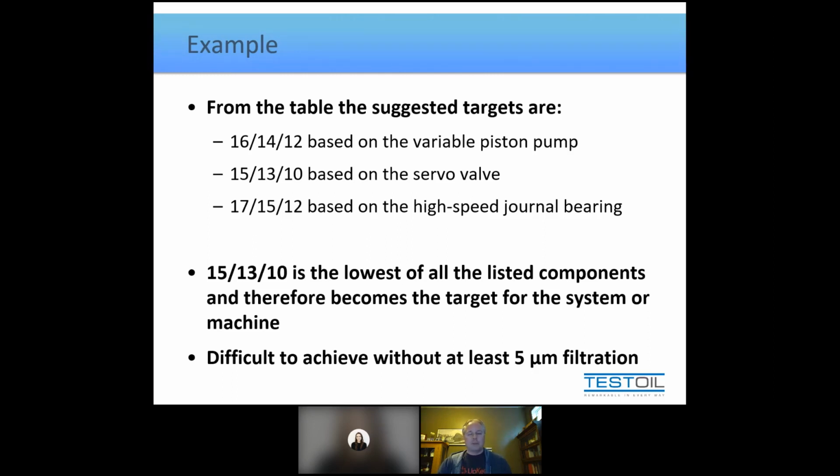It's one thing to come up with a target. It's another one to come up with a realistic target. And I shouldn't set targets I will never achieve or will have great difficulty achieving without knowing what I'm up against. So I like that additional filter information just from that perspective, that in our hypothetical system, we know that we're going to need at least 5 micron filtration if we have any hope of getting the particle count stable at 15, 13, 10 or better.